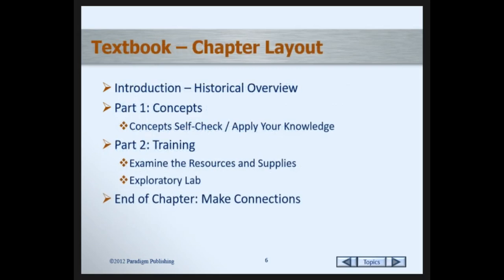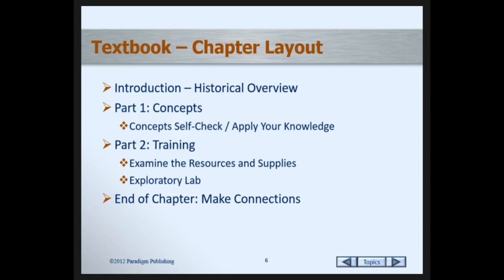A little bit more about the textbook. In the textbook, the chapter layout starts with an introduction, gives a historical overview. Please read that. There will be questions on the information that's contained there. We have to know where we came from to understand where we are and where we're going. In the first part of Unit 1 anyways, there are basically two parts to each chapter.